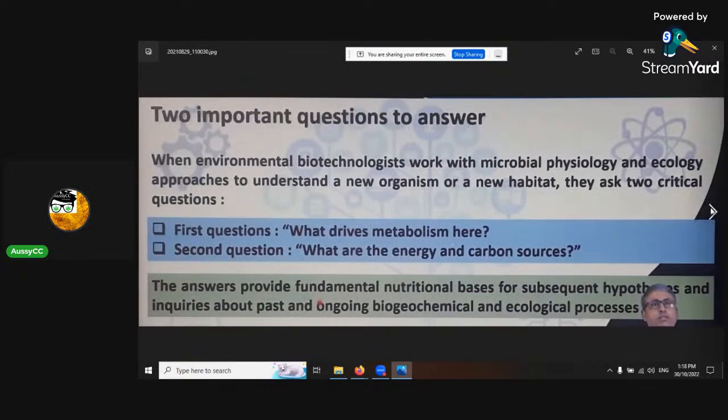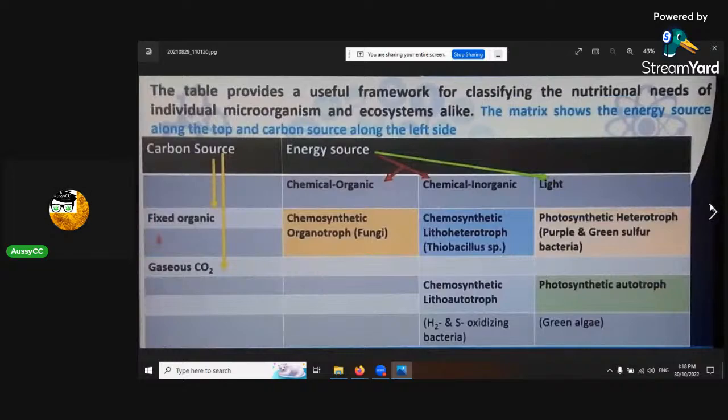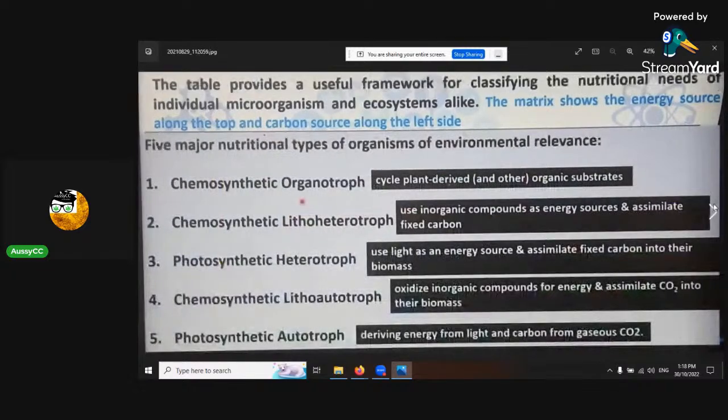Two types of questions here. First, what drives metabolism? Energy. Oh, what are the energy and carbon sources? Okay. This is how to get into the full-on terminology of it. Try and pronounce some of them. Chemosynthetic lithoheterotrophs. They use inorganic compounds.